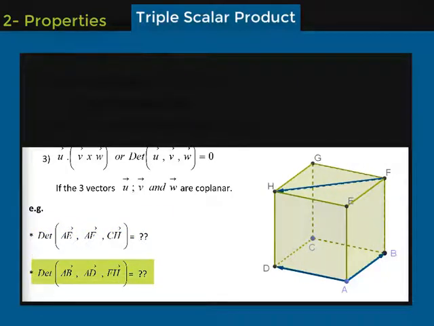Now what about the determinant of the three blue vectors? Take 10 seconds to think about it.